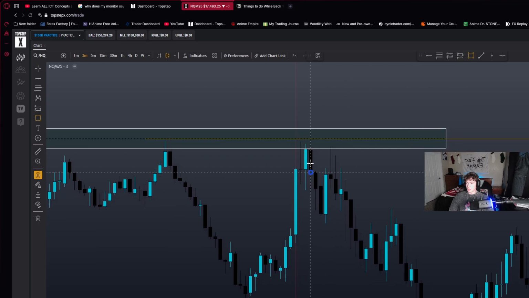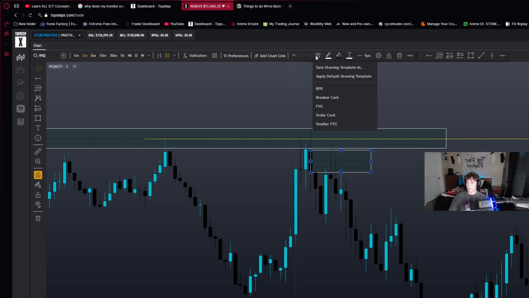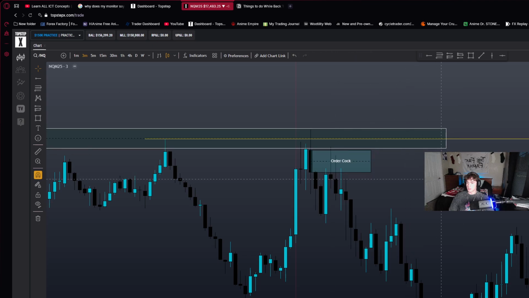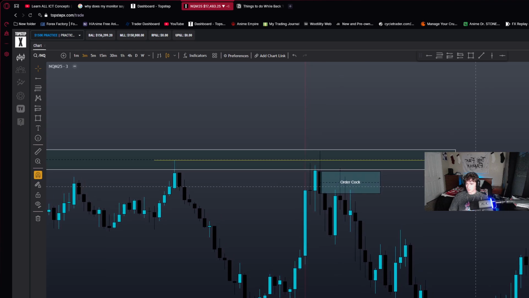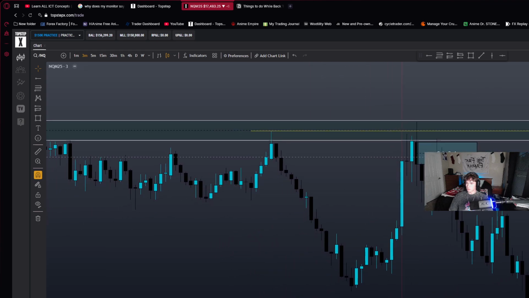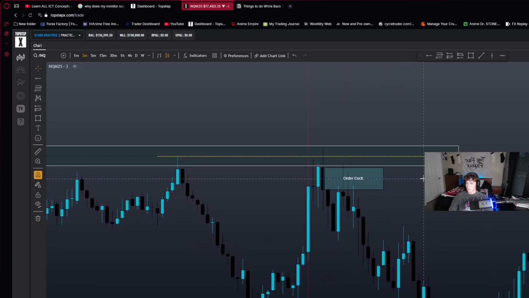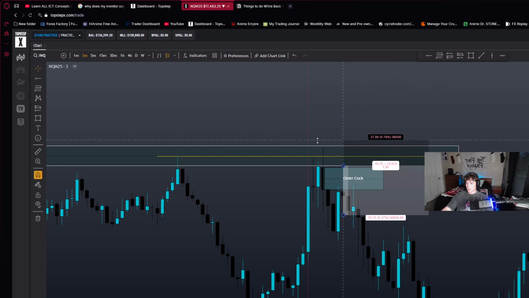Here's the order block. Price fills it. Fair value gap. You can also enter at the fair value gap. It's kind of lovely. Right at the top, right above the fair value gap. We'll do that.